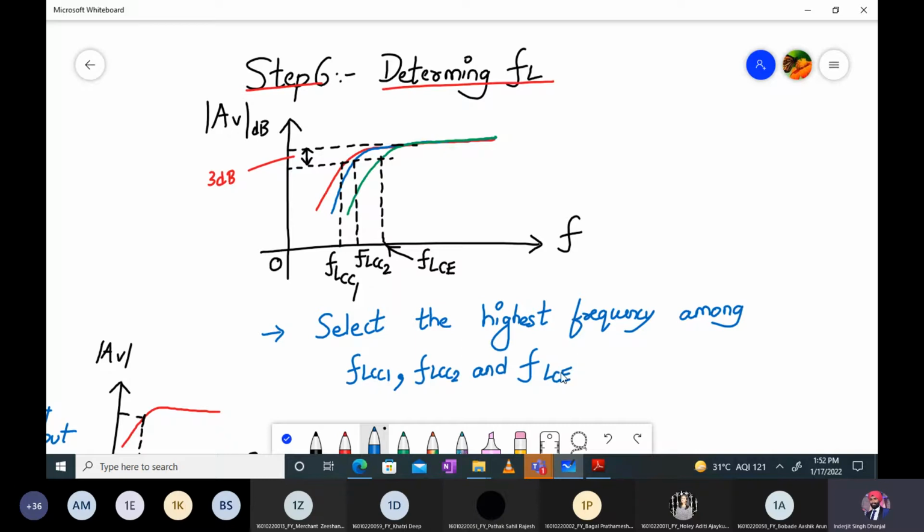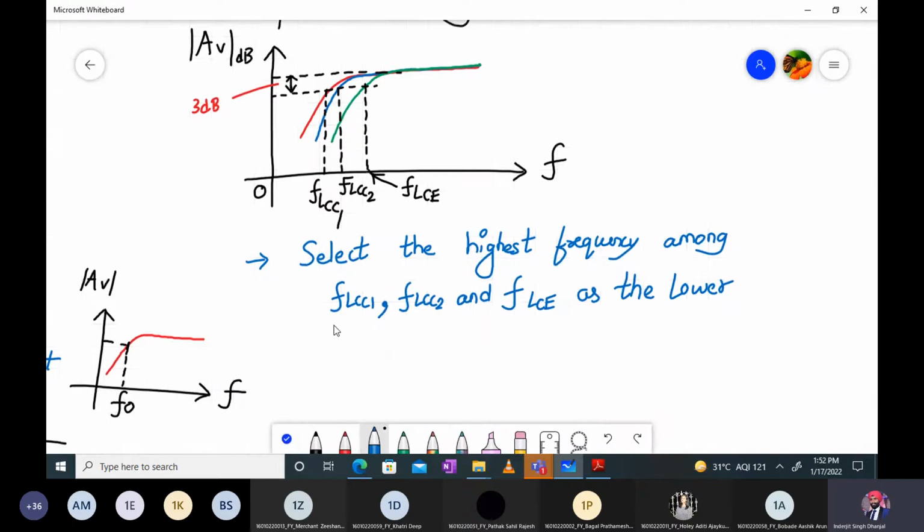Whichever is the highest, you consider that as FL. So select the highest cutoff frequency among CC1, CC2 and CE as the overall lower cutoff frequency of the amplifier.